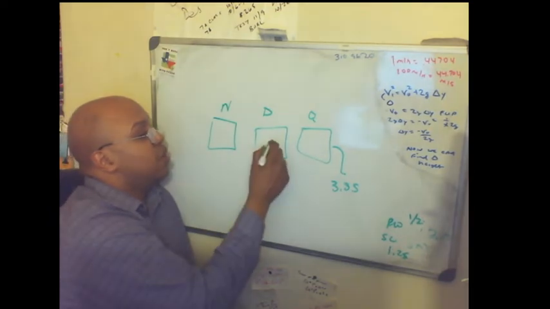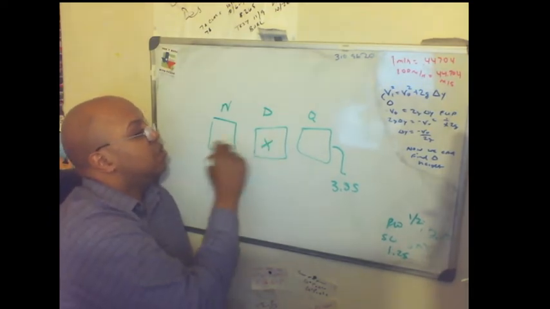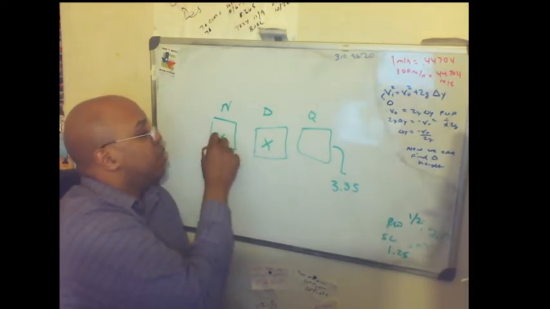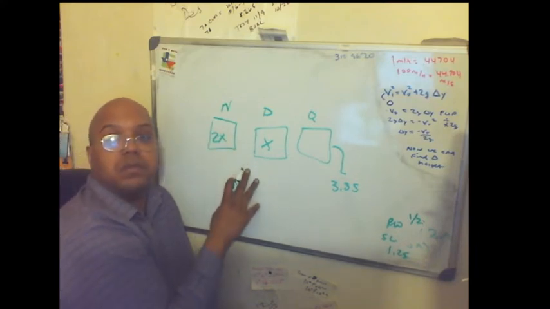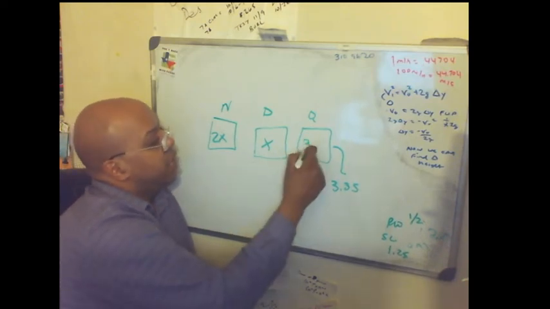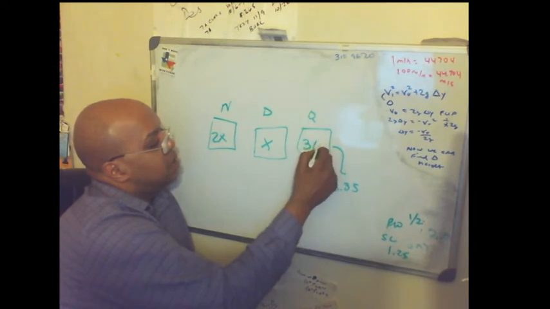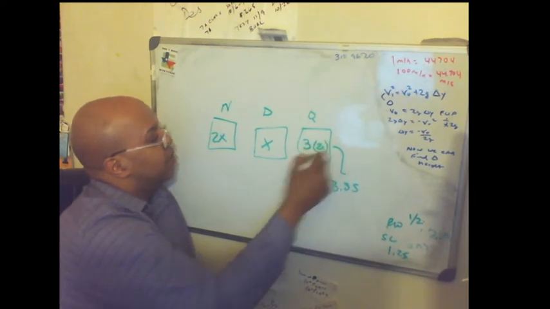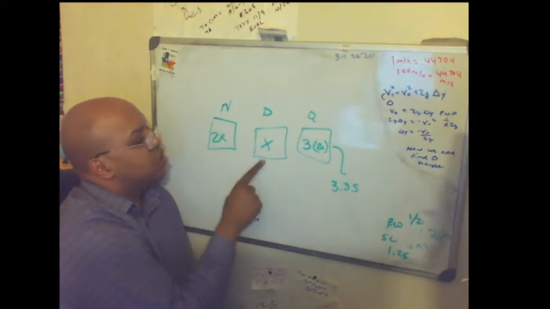So dimes are a certain amount. So we have 2x, and 3 more quarters than nickels, 3 times 2x. So 2 more nickels than dimes.